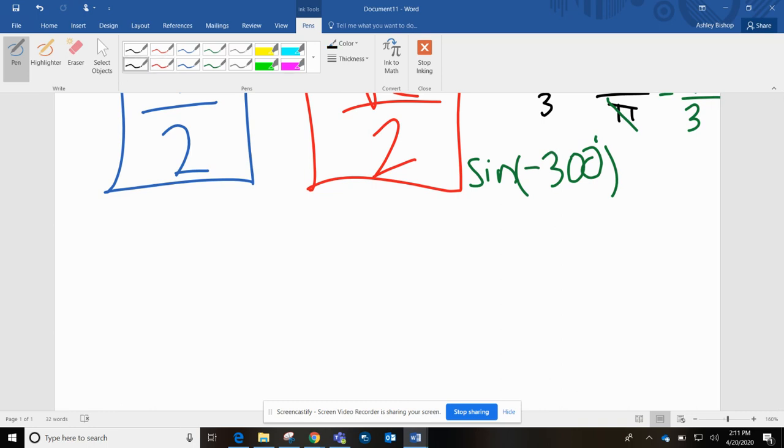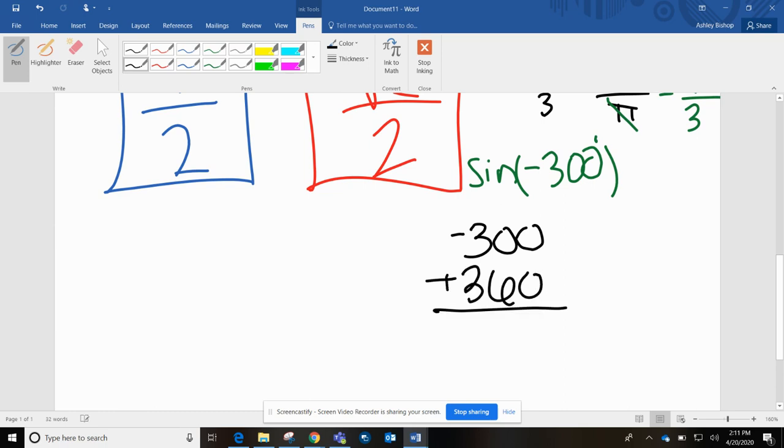So the sine of negative 300, I'm going to take negative 300 and add 360 to it. And then I'm going to get positive 60. So I'm now finding the sine of 60 degrees. The sine of negative 300 and the sine of 60 degrees are going to be the same because they are one full circle rotation away from each other.